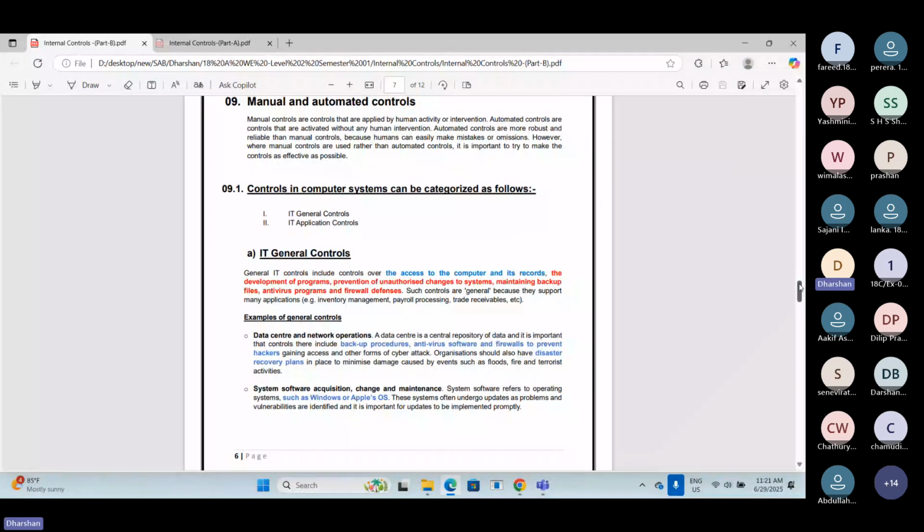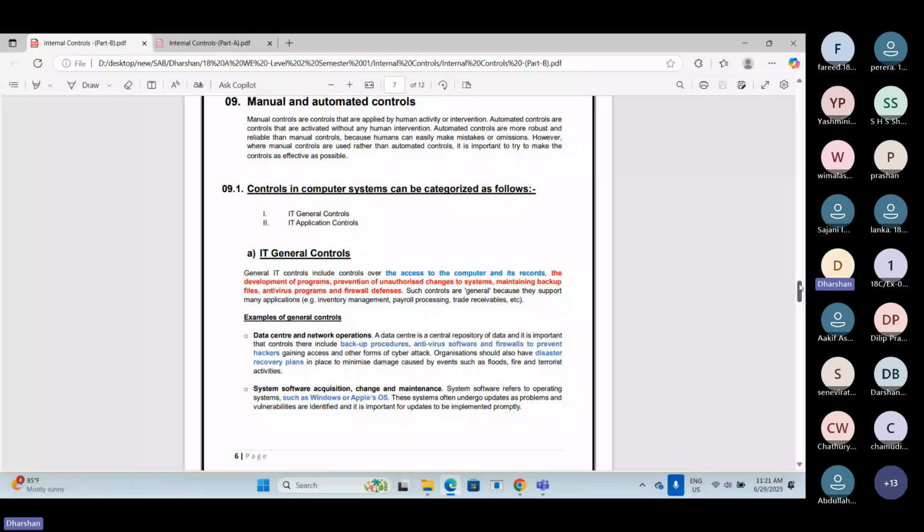That password is called a general control. It is applicable to all applications. If you unlock your mobile phone, only then can you access Facebook or WhatsApp or Instagram or your mobile bank. So your common password, let's say a number password, will be applicable to all applications available in your phone. That is called a general control.